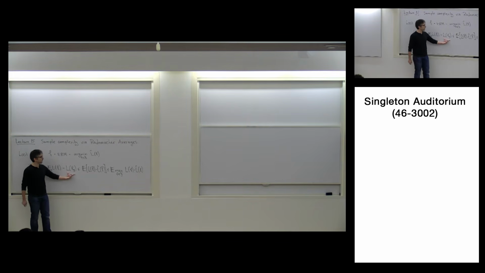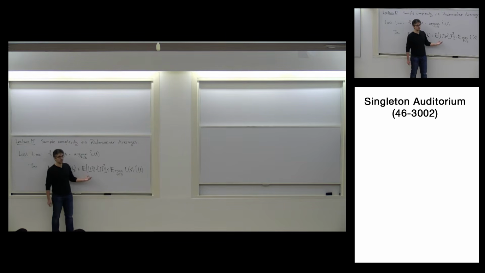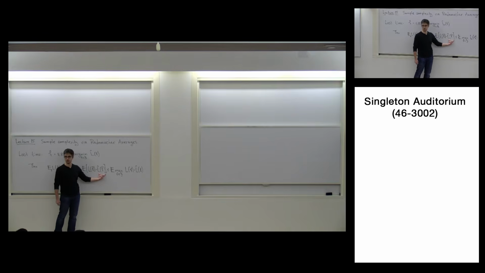So this difference is at most what's called sometimes generalization error, which is the expected out-of-sample performance of ERM minus the in-sample performance of ERM. Okay?